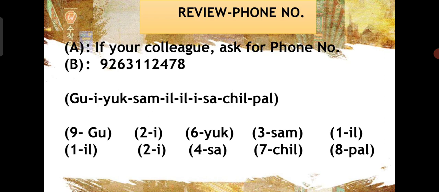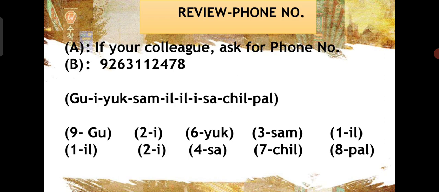You can see that after the fourth number there is a double one. How do you say double one in Korean? I didn't give you that word so that you would not be confused. For better understanding and easy learning, I used il so that you can memorize it easily.